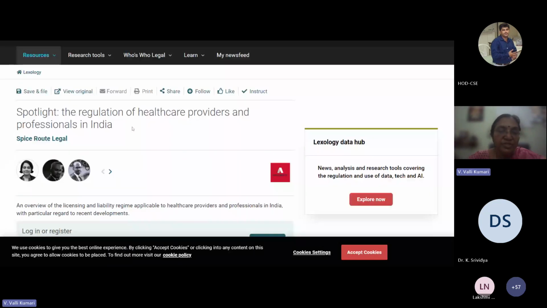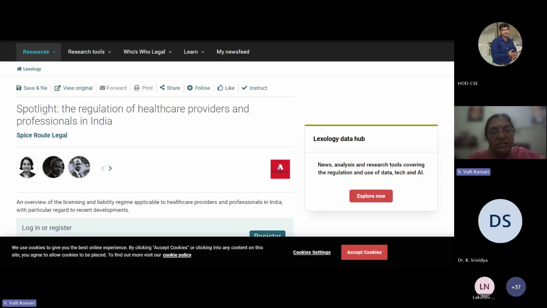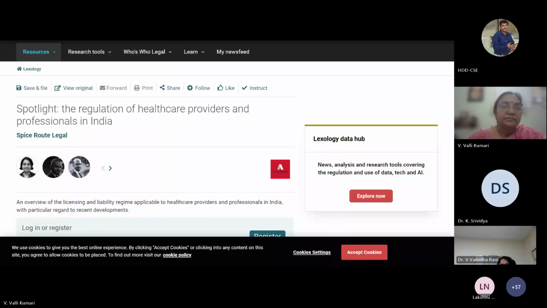There's a lot of information related to the standards, the nomenclature, and other stuff. So this is the Lexology website. So that is about the Indian context. Okay, you can open the page and then start doing.